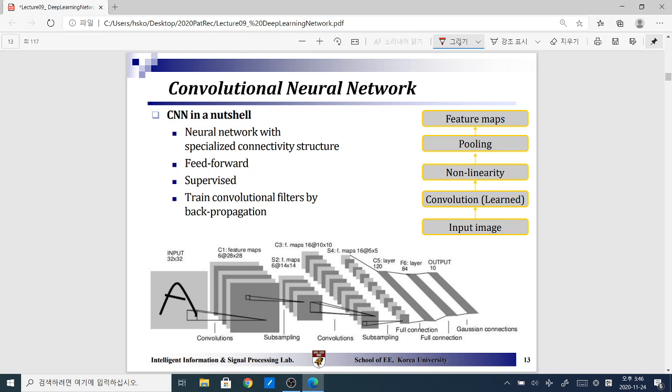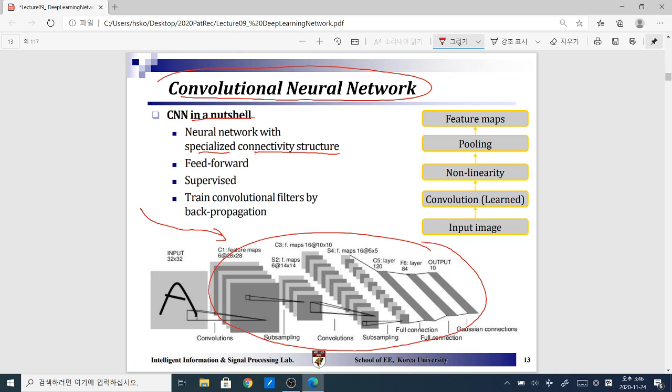Therefore, the convolutional neural net becomes very handy because it alleviates the problem of having too many parameters to be updated in the iterative process called backpropagation. So the convolutional neural net, in a nutshell, looks like this. This is that architecture. It's got a very specialized connectivity structure.